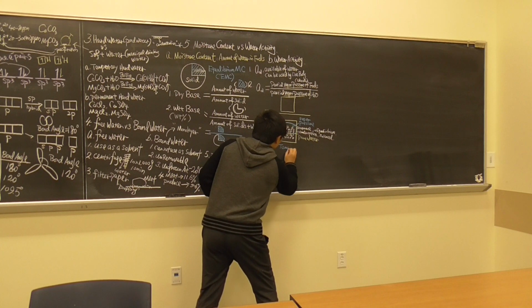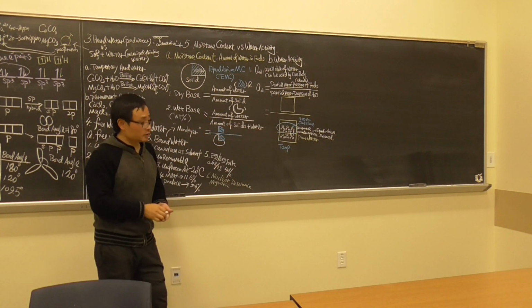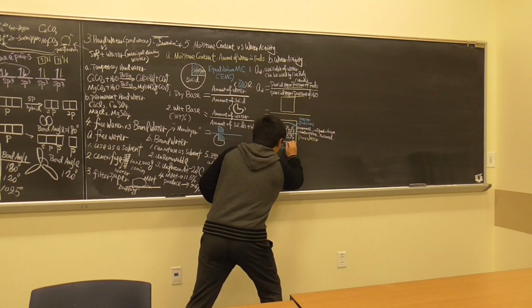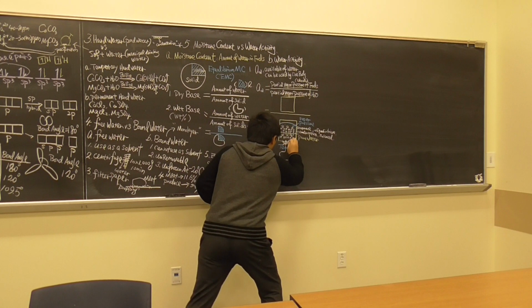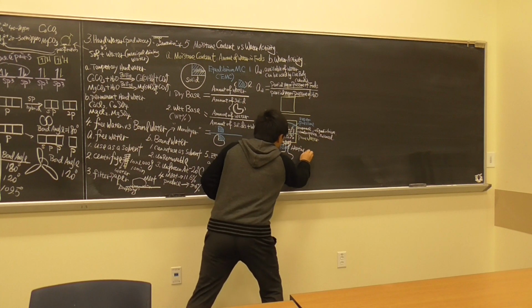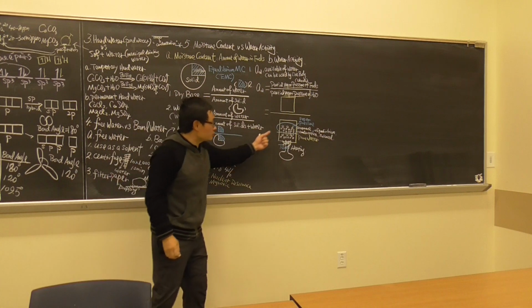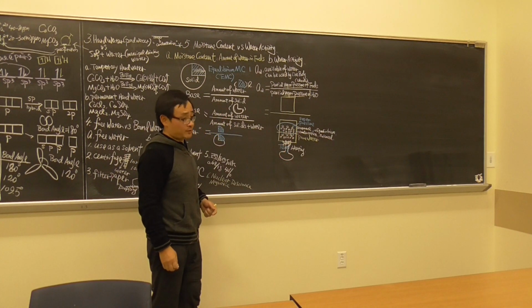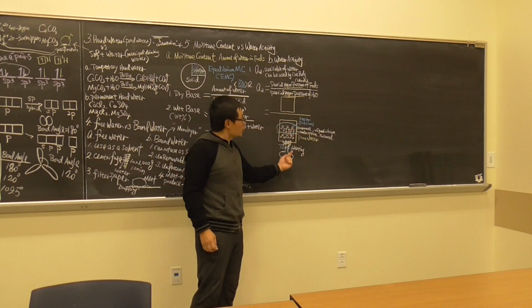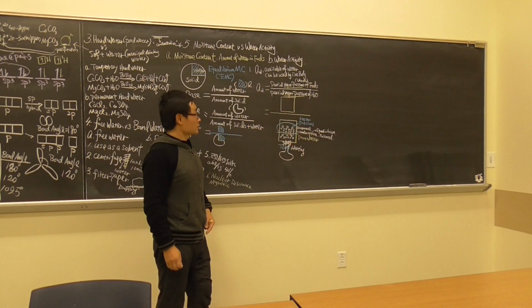Temperature. So, assuming there is a heater right here, let's say. We're heating it. Or we put the closed vessel onto a fire to heat it. What happens? This vapor pressure will increase.